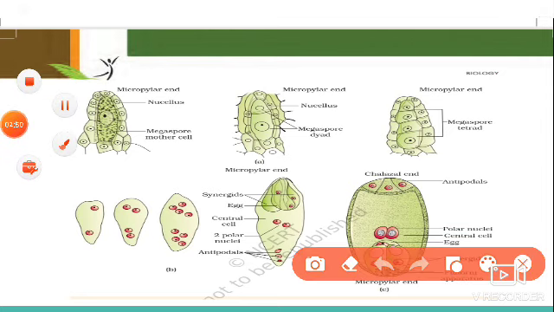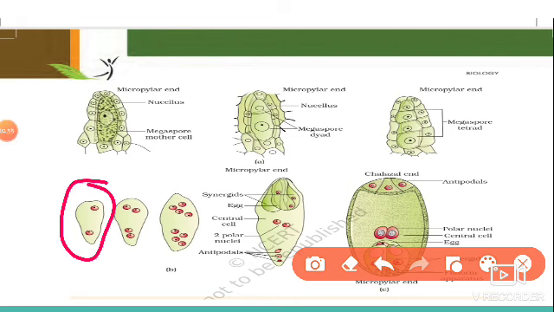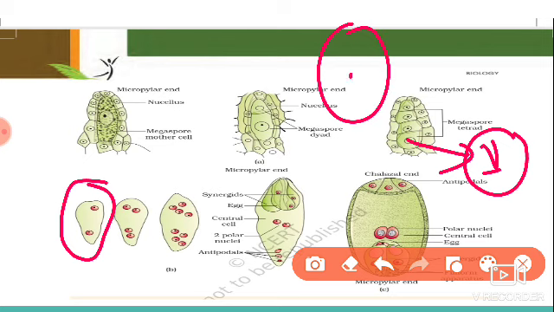First, this is the megaspore, which in the beginning contains only one nucleus, not two. After the other three degenerate, there is only one cell, and inside that only one nucleus is there.